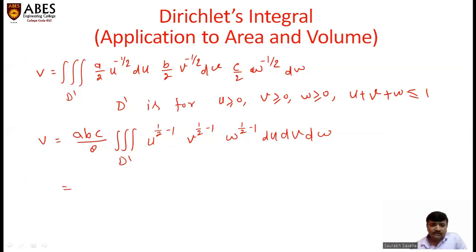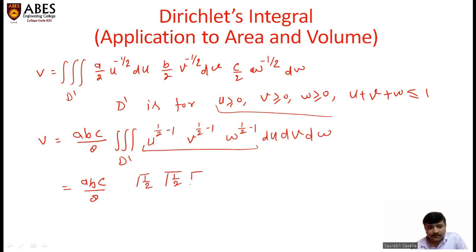And now again, we have an idea about the Dirichlet's integral. Here the integrand is again in the same form. The region is in the same form. So by Dirichlet's integral, the value of this integral may be directly written as gamma L, gamma M, gamma N divided by gamma L plus M plus N plus 1.